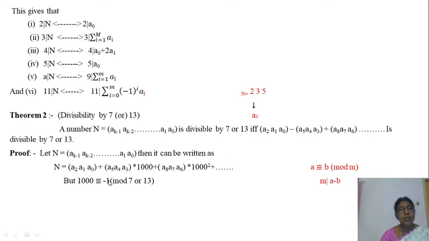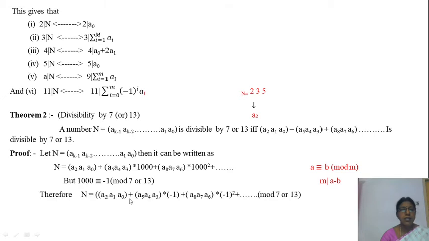Yes, 7 divides 1001. So we can write 1000 congruent to minus 1 mod 7. Now n is equal to a2, a1, a0, plus the second bunch a5, a4, a3 times 1000, which can be written as minus 1 mod 7, plus the next bunch times minus 1 whole square mod 7.